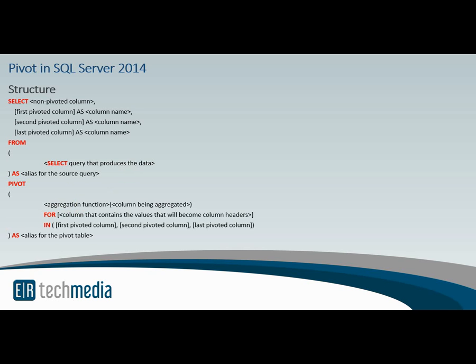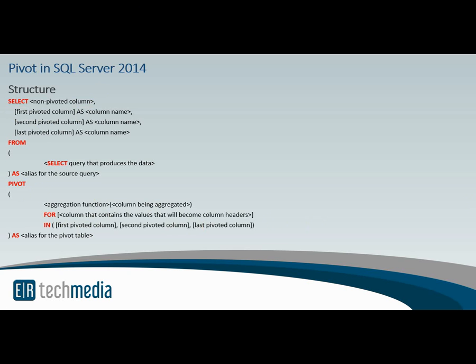And then again we mention all the pivoted columns, and they must be in the same order as we mentioned in the first select query. So the order over here will be the same over here.